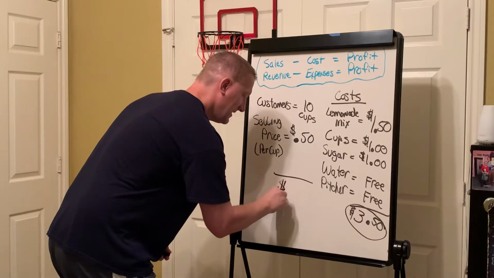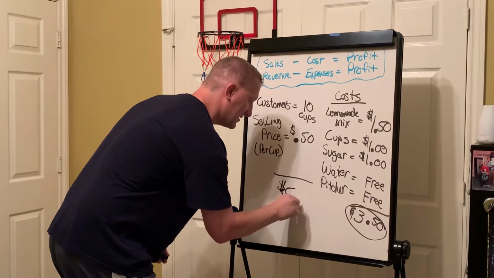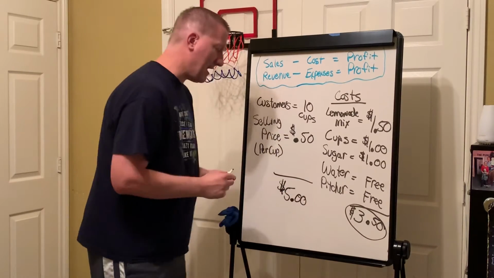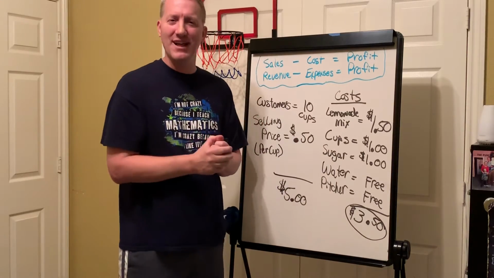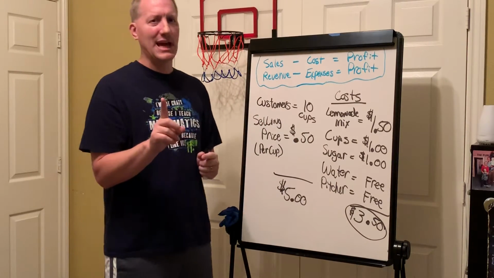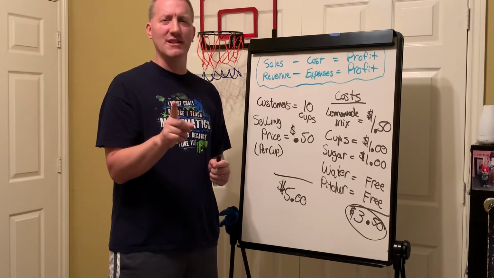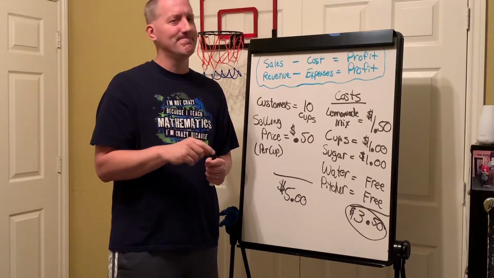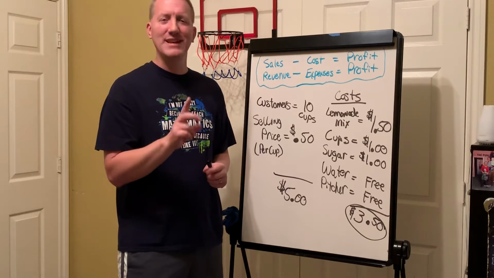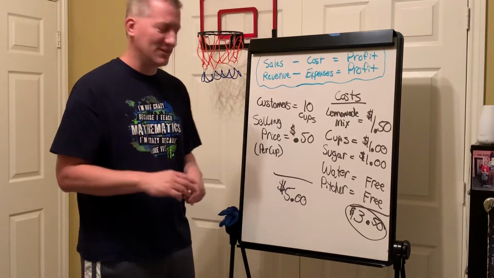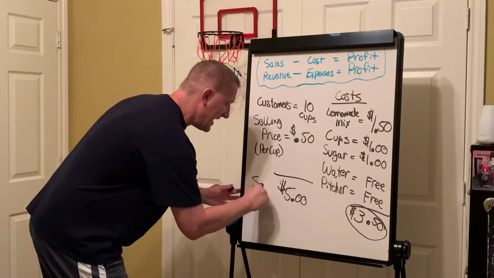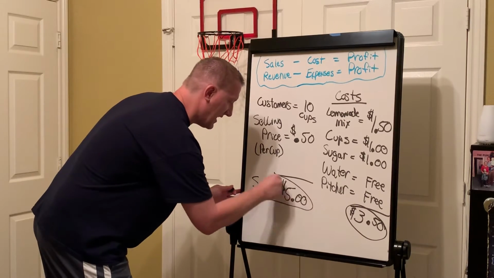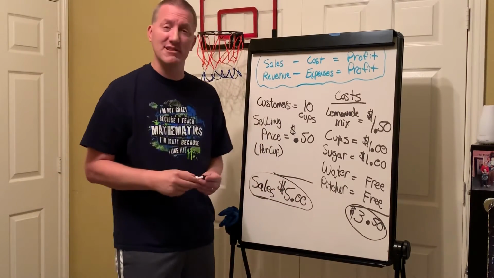It is $5. Some of you might say, yay, I made $5. But really, guys, did you make $5? No, you did not make $5. Your sales were $5. That was your sales.